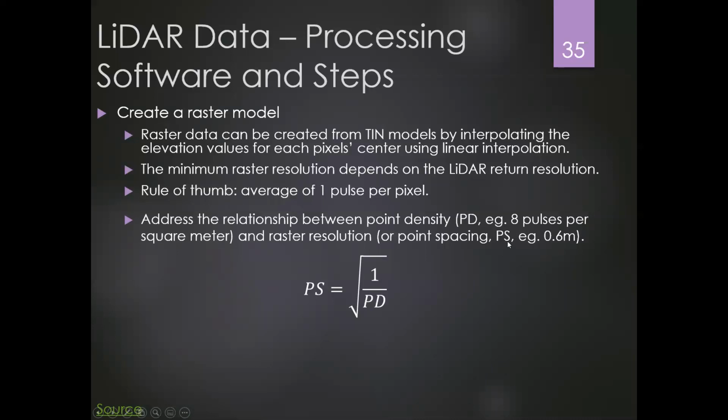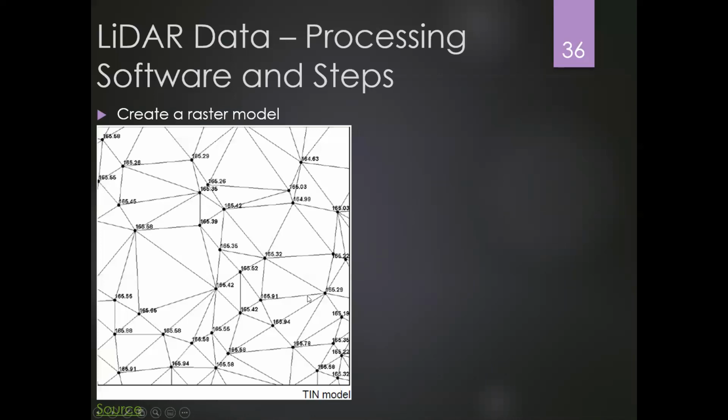But if the resolution is 0.6 meter, it means that each pixel in this raster data file represents a 0.6 by 0.6 meter area in the real world. So here is the formula to address the relationship between point density and the point spacing, okay?